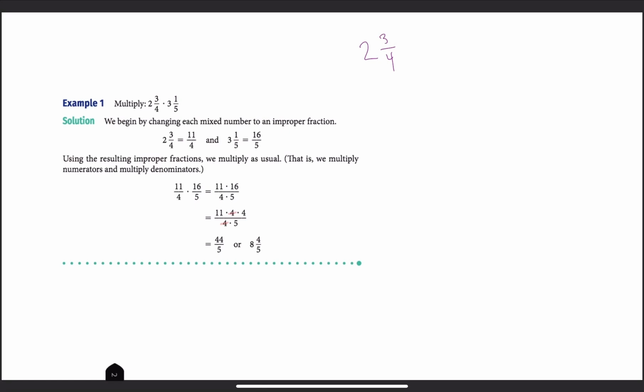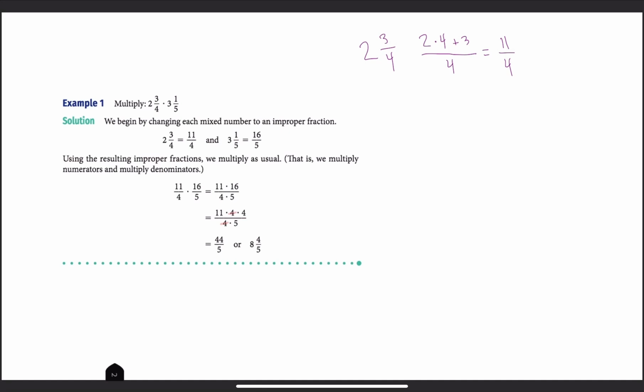If you remember, we take our whole number, our 2, and we multiply it by the number of parts in a whole, 4, and then we add that to however many pieces we had left over. So 2 times 4 is 8, plus 3 is 11. So 11/4. Because 4 goes into 11 two times with 3 left over. And so it would get us back to where we started.